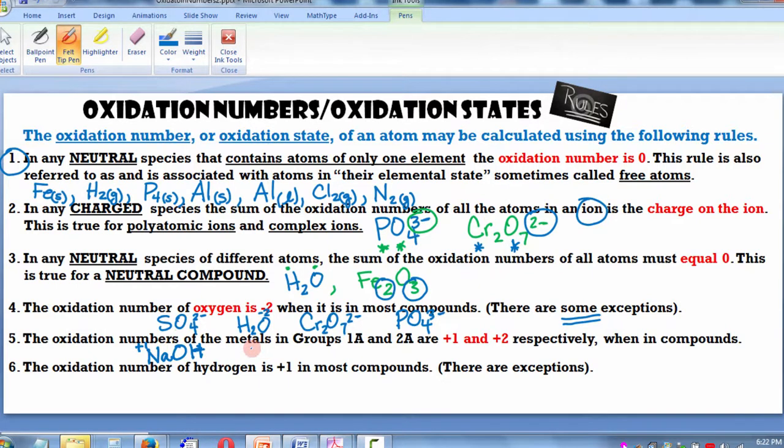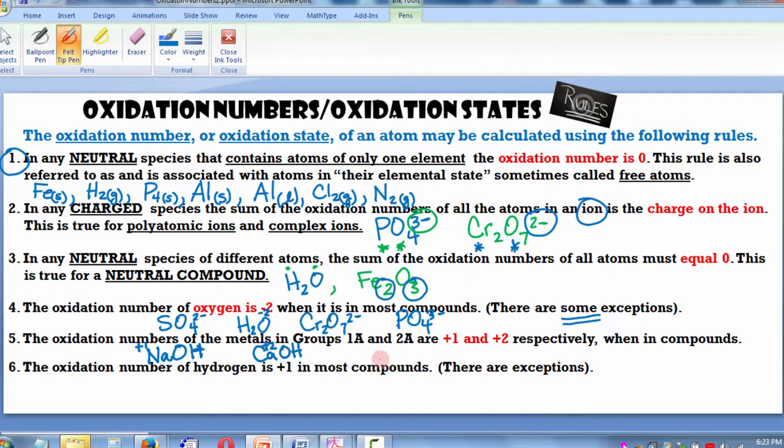Okay. Calcium hydroxide. In this compound, calcium is in group 2, a 2+ metal, so it would have an oxidation state of +2.